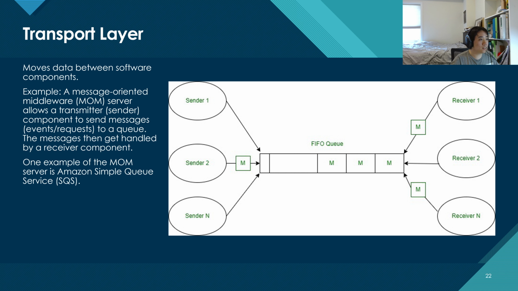Let's take a look at the features. You can take a look at FIFO and other things. Feel free to take a look at this. They have some really nice features over there. Okay, back to the presentation.